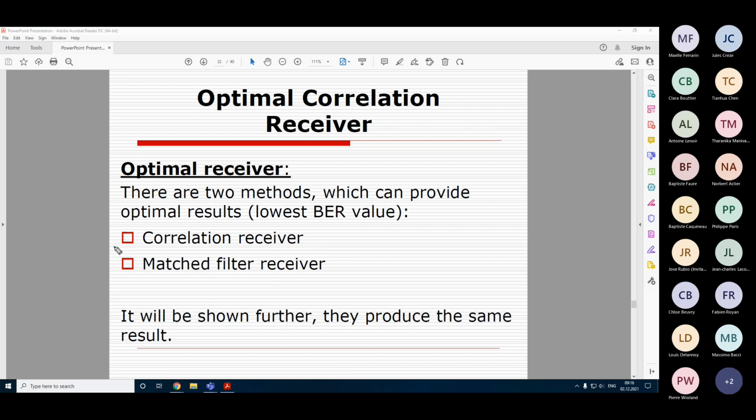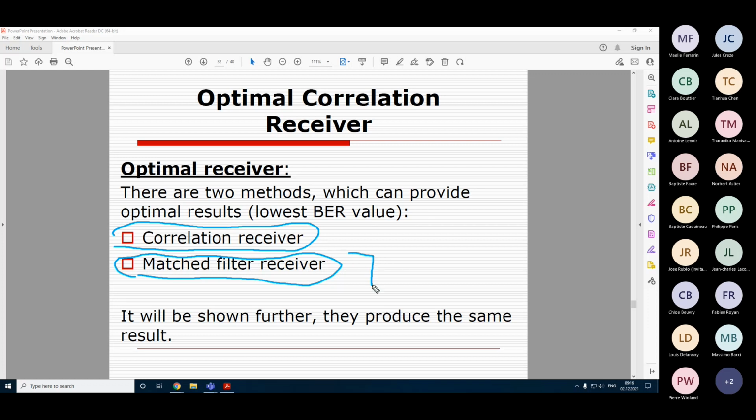As I said, there are two methods, correlation receiver and matched filter receiver, which are both equally effective. When I told you that the optimal correlation receiver is the best possible, maybe it's not exactly true, but it still gives the best result. And the matched filter receiver gives the same good result as correlation receivers.